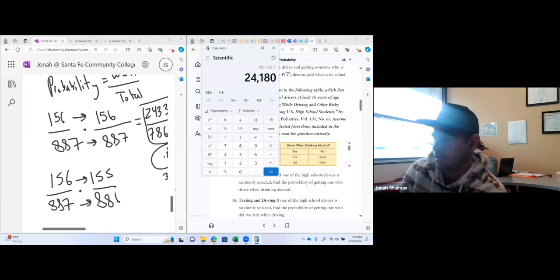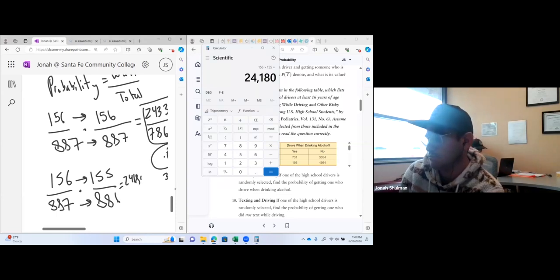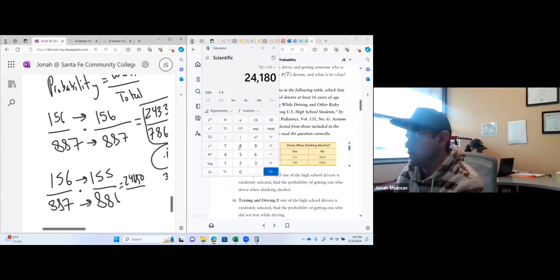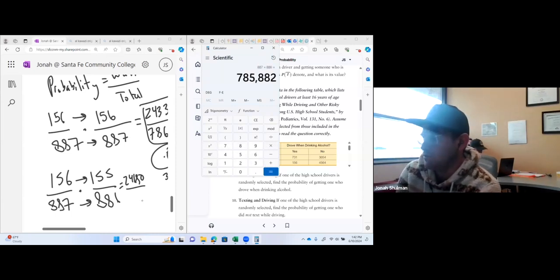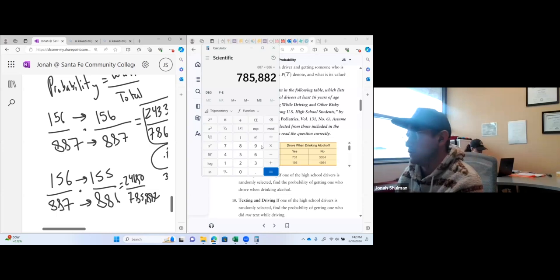So 24,180. The bottom is 887 times now 886, which is 785,882. We can at least divide this by 2 and make it a little bit nicer for the fraction. So let's cut this in half.